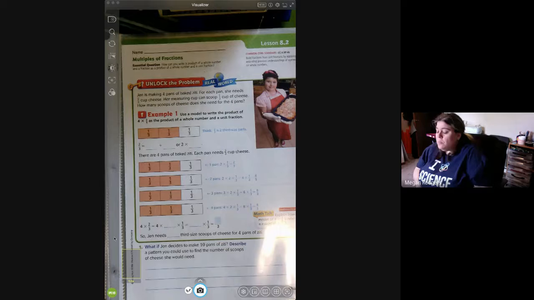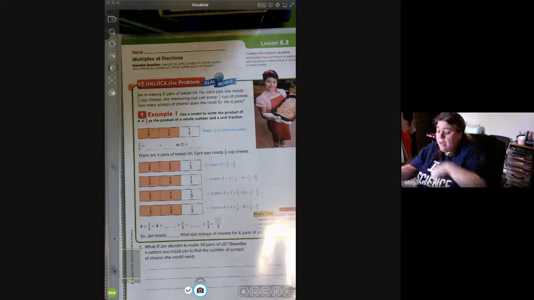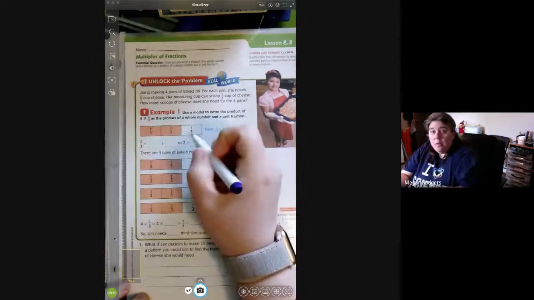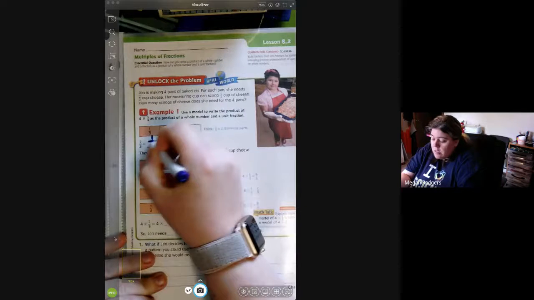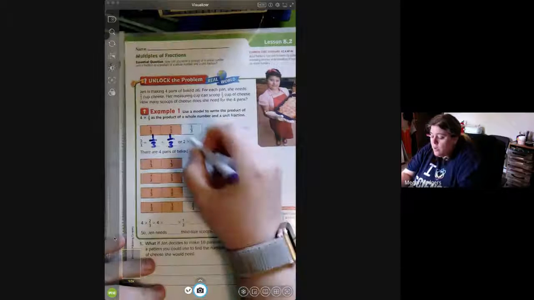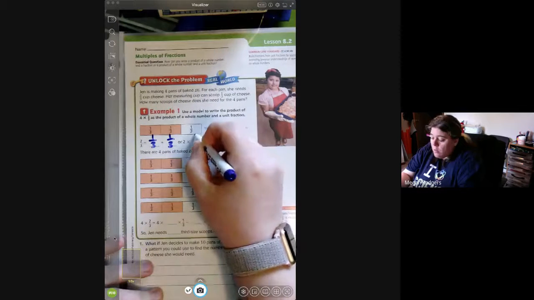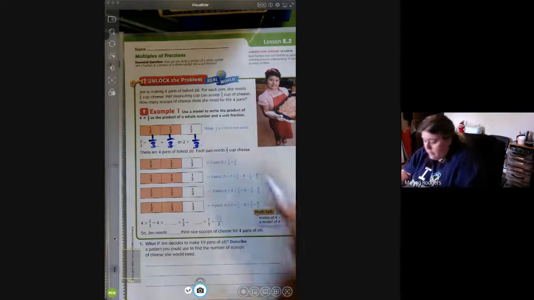So she started off by thinking about how much 2/3 is compared to a whole. So we have 1/3, 1/3, 1/3, and she has 2 of them. So 2/3 is 1/3 plus 1/3, which we know is 2 times 1/3. So that is exactly what we were doing last week, not anything different.